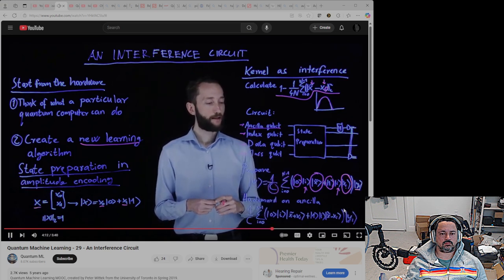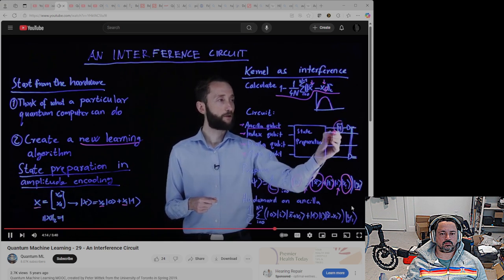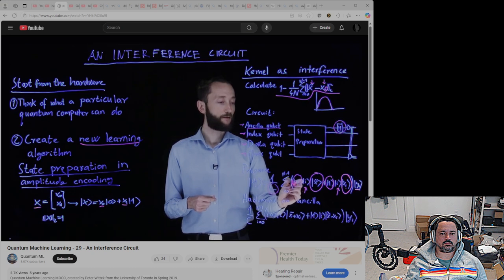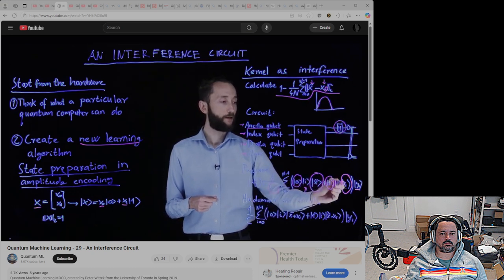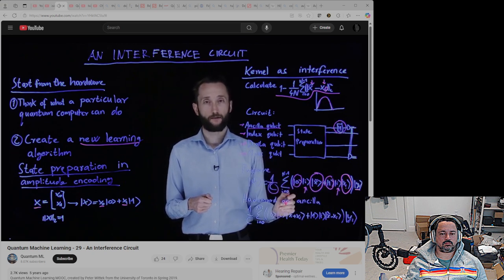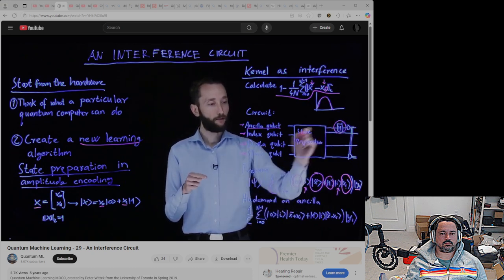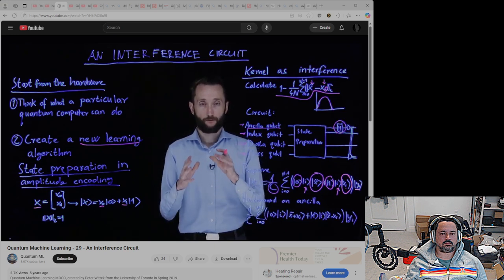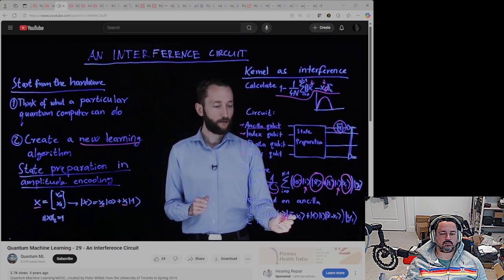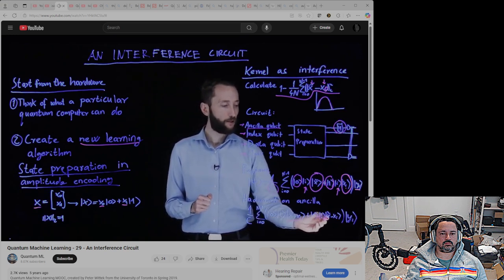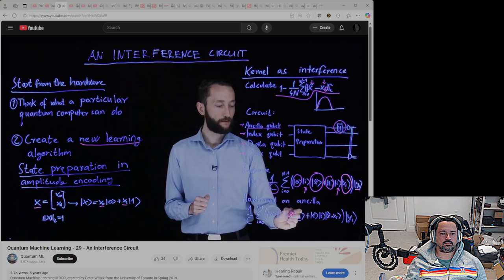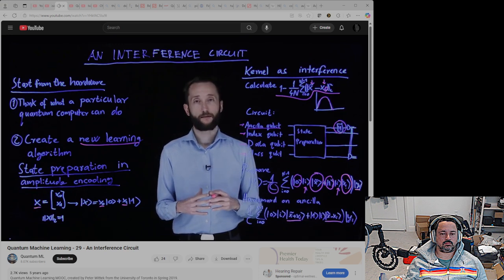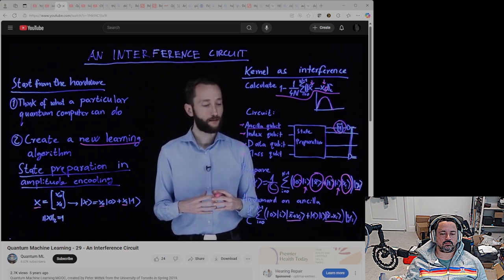And what we are doing next is nothing but this Hadamard operation here. Since the zero state of the ancilla is entangled with the test state, and the one state is entangled with the data instances, by applying the Hadamard gate again on the ancilla, you interfere the data instances with your test instance. So the state that you are going to get will have this form. You will have the test instance plus the data instance, and the test instance minus the data instance encoded in these vectors.